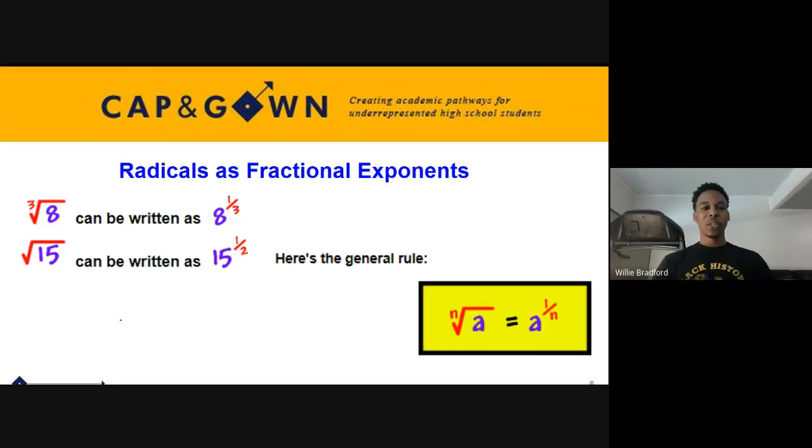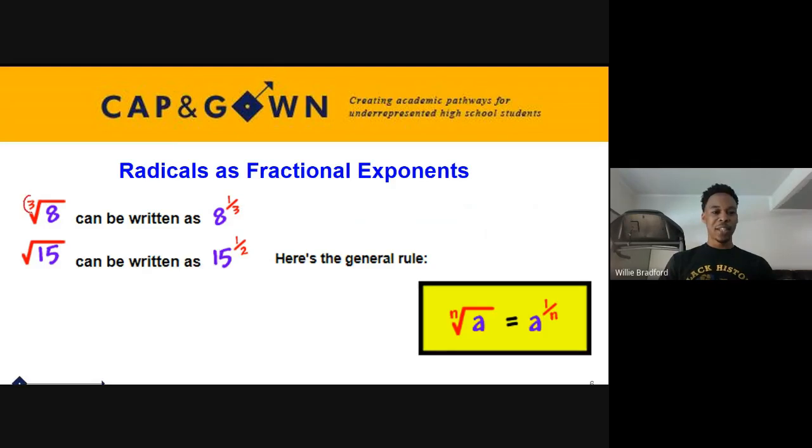For our next question, we need to review radicals as fractional exponents. Any radical can be rewritten as an exponent that's a fraction. So the cube root of 8 can be rewritten as 8 to the 1/3 power.